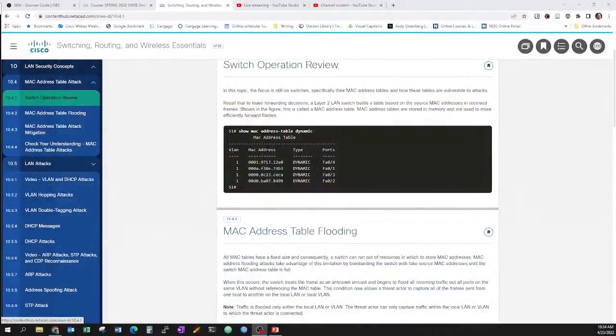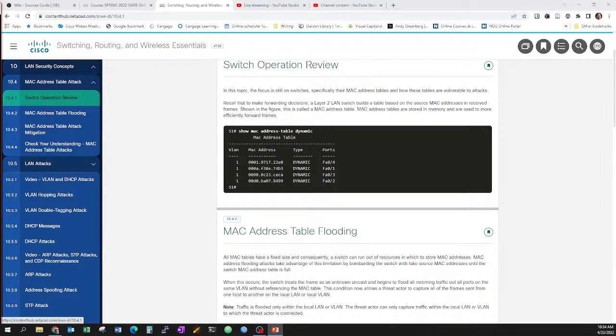But it does give me the ability to have a reasonable number of MAC addresses in my table before I start to think something's weird. So that is the idea of attacking the switch directly. The other thing we have is where the switch is used as the medium of attack.